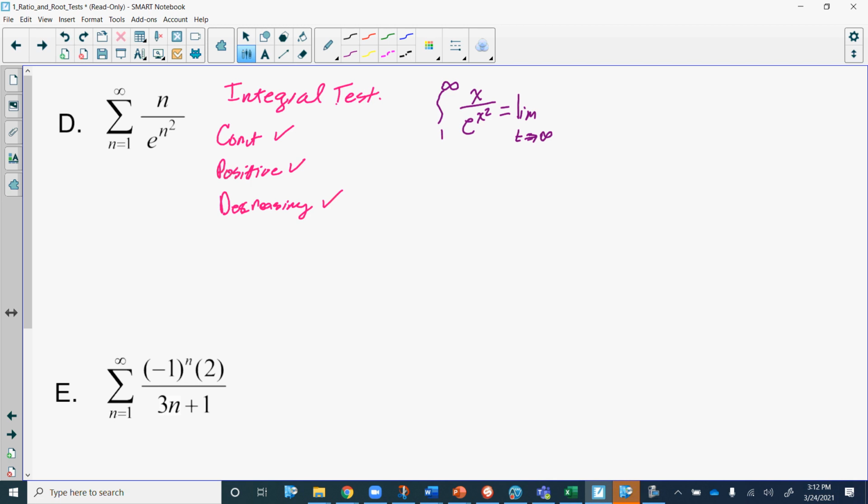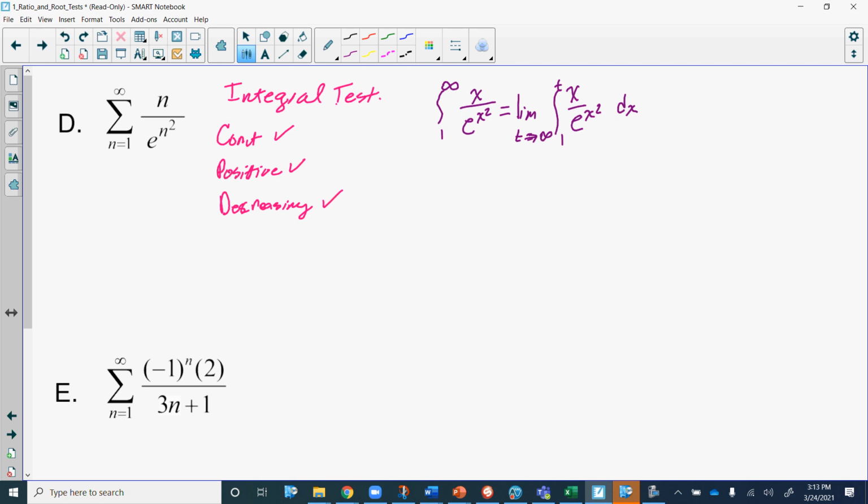Which way do I want to go here? We're going to look at doing some u substitution. So we're going to look at the limit of the integral from 1 to t of x over e to the x squared. Let me put my dx here on that one.